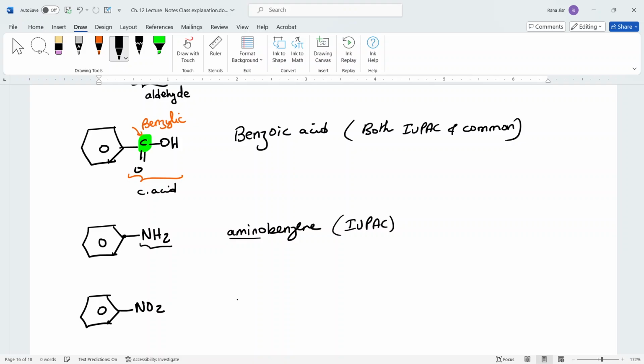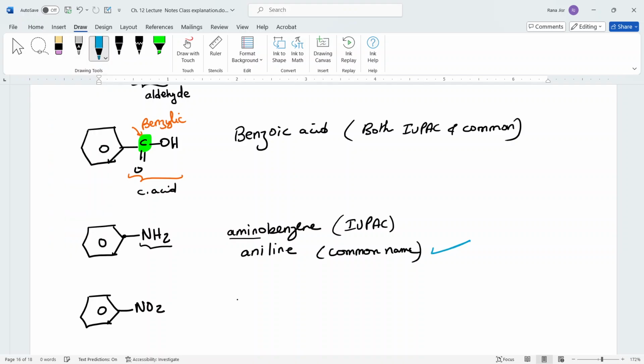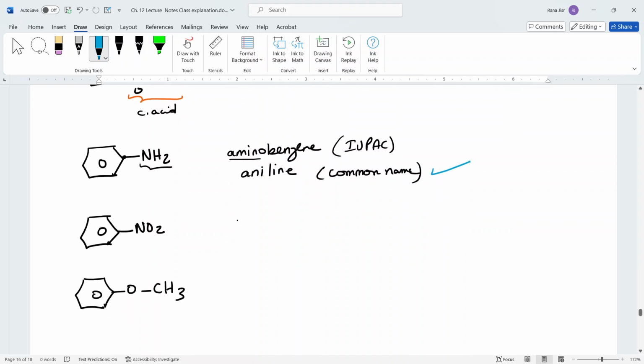We go with the common for this one, and the common is going to be aniline. I wrote it wrong in there, so that is aniline, and that is going to be my common name. So that structure is known as aniline more than as aminobenzene.